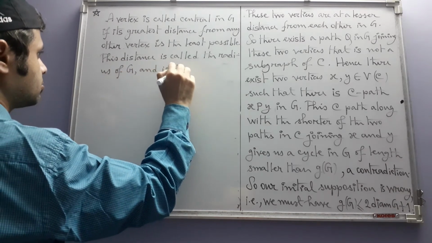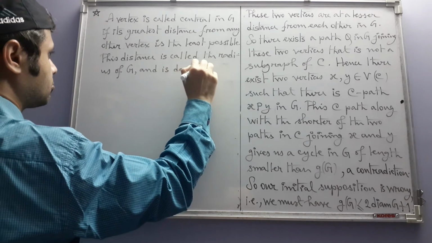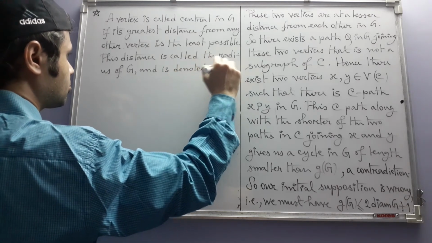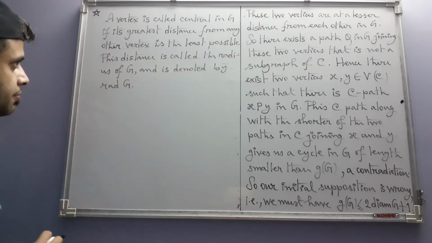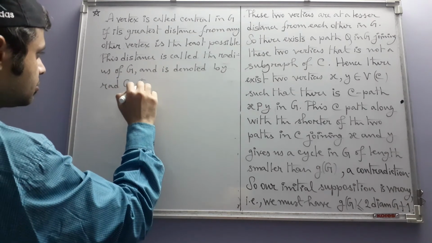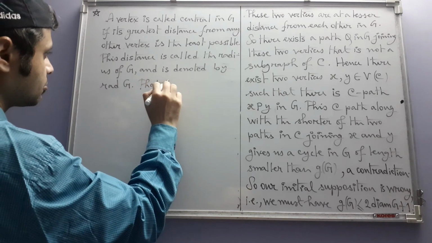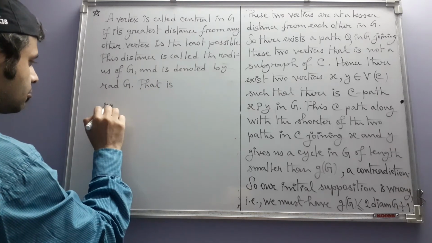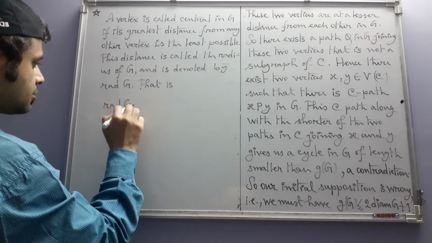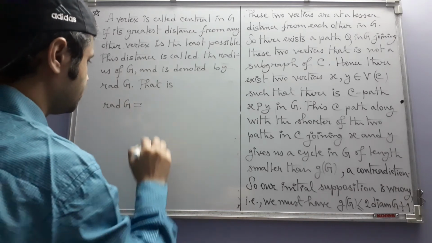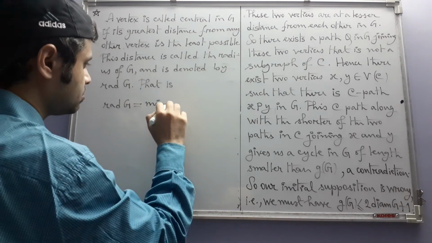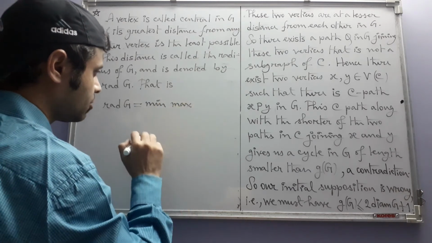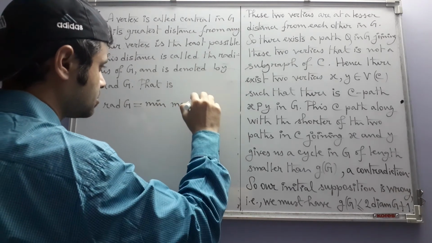and is denoted by rad G. That is, radius of G is the minimum among the maximum distances.